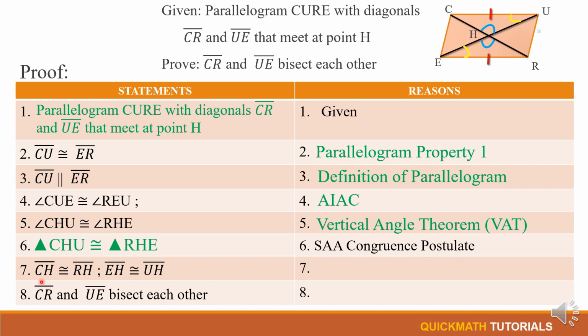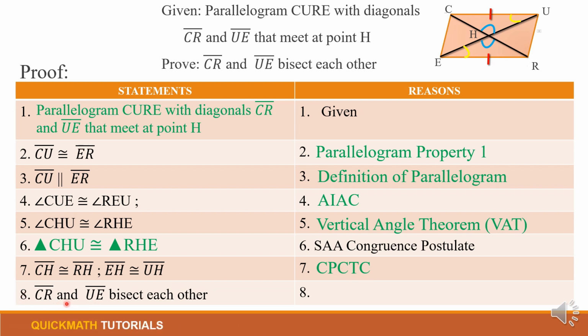Next, for number 7, we have the line segment CH is congruent to RH. And we have the line segment EH is congruent to the line segment UH. The reason is CPCTC. Since we already proved that these two triangles are congruent, thus the congruent parts of congruent triangles are congruent.